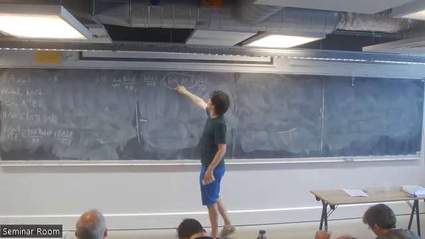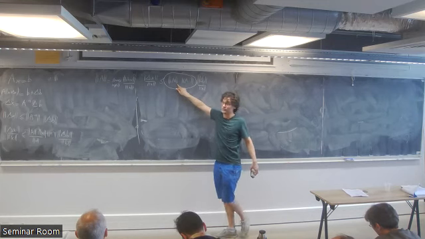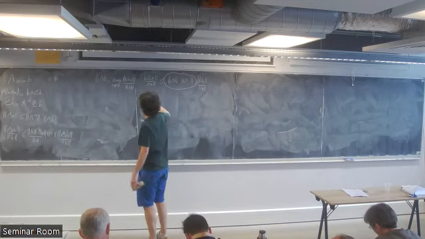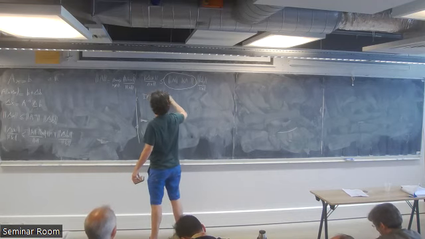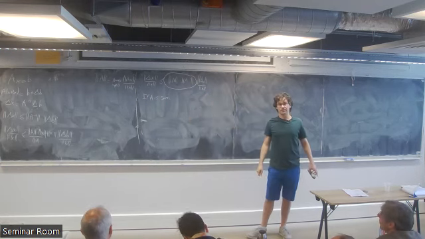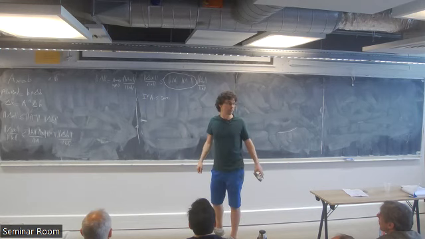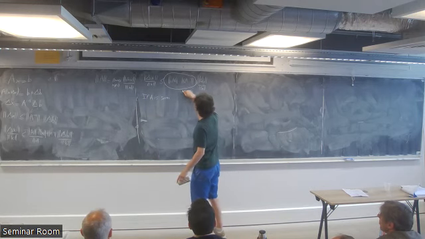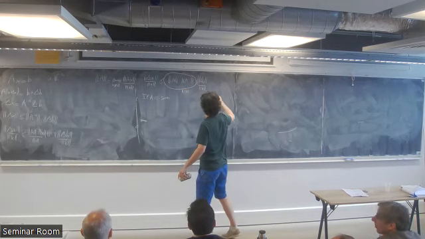What is this coefficient? This coefficient is the ratio of singular values of A. So let's do a simple case. If A is symmetric, what is this? This is the definition of the condition number, kappa of A, the condition number.